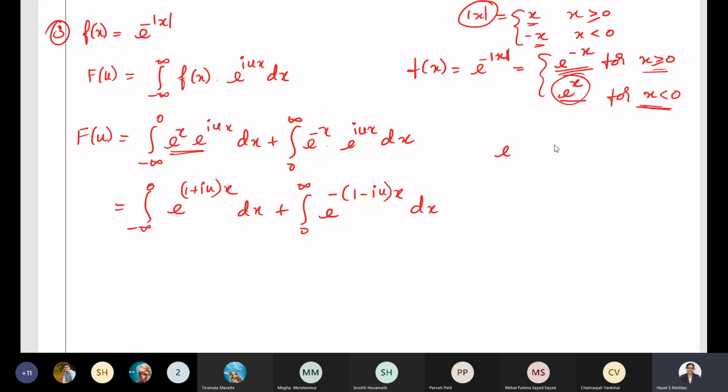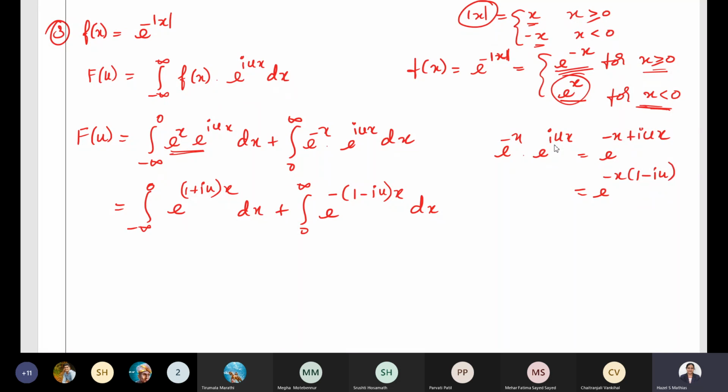From this term, e power minus x into e power iux will be e power minus x plus iux, which is equal to e power minus x, and if I take it outside, 1 minus iu remains. That's what I have written over here.